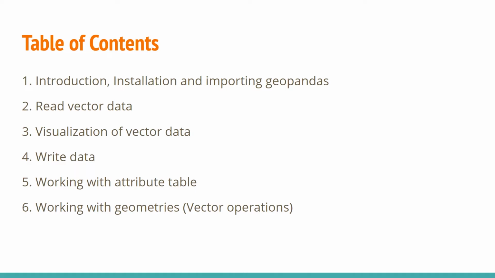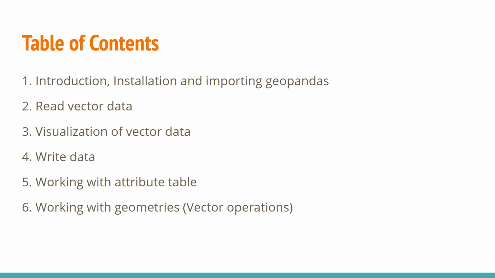And after that, I'll show you working with attribute tables, things like we can filter the data based on any attribute, or we can even generate the area or length of your dataset by simply using the GeoPandas feature. After that, I'll show you working with geometries.